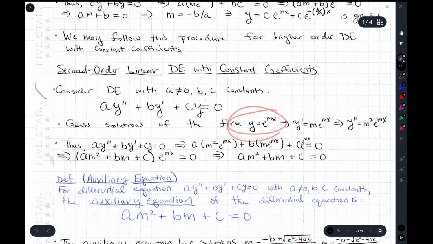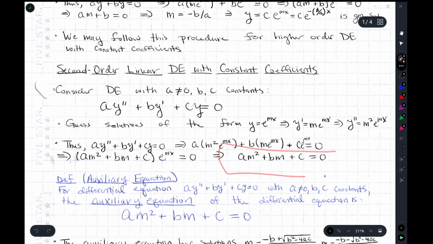We're going to guess a general form: y is equal to e to the mx, okay? And so we get the derivative here, and we get the second derivative here. And we plug these into our differential equation. We factor out the e to the mx, and we're left with this equation here that will give us our restrictions on m, okay?